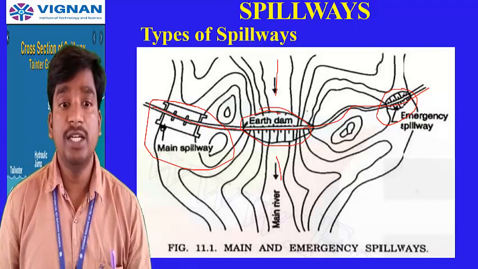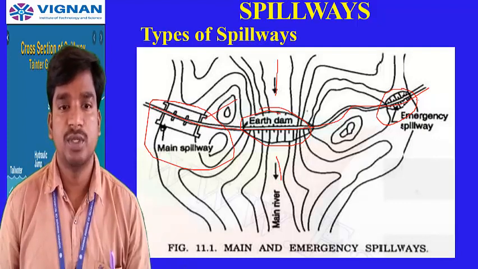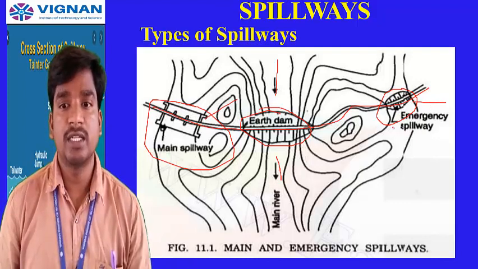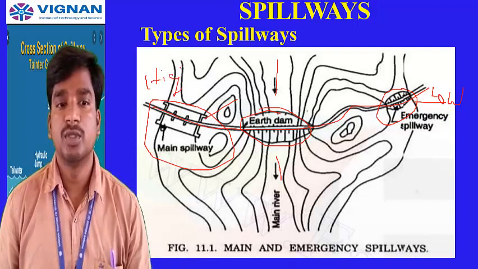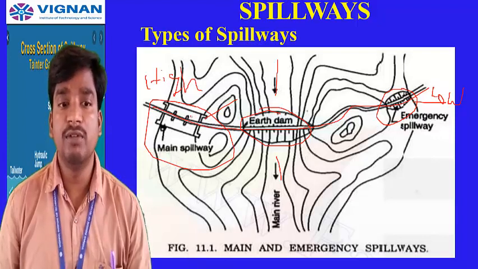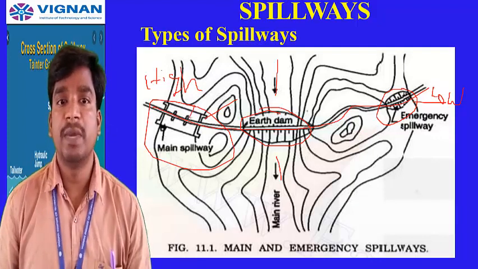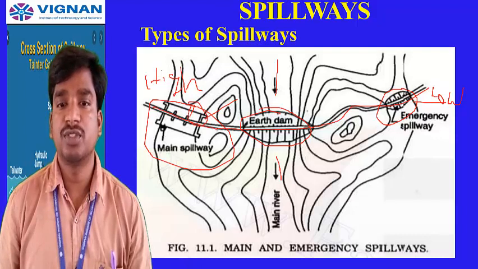The height of the main spillway and the emergency spillway are different. The main spillway is kept at a lower height, and the emergency spillway is relatively kept at a higher height. Whenever the water level is more than the main spillway crest, then the emergency spillway comes into function.